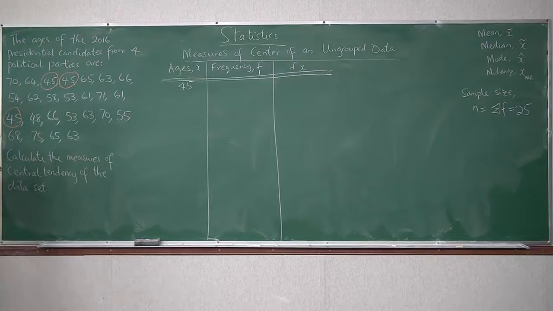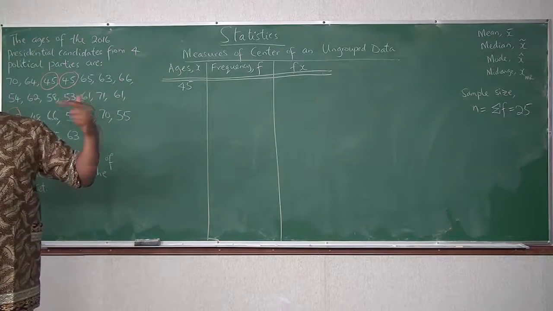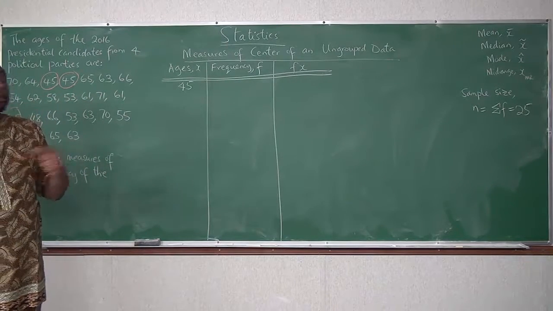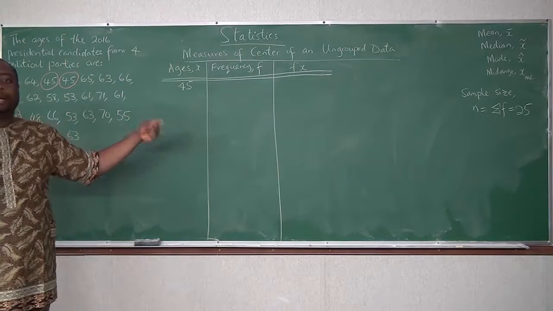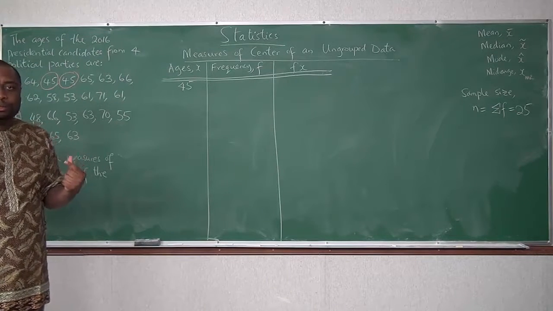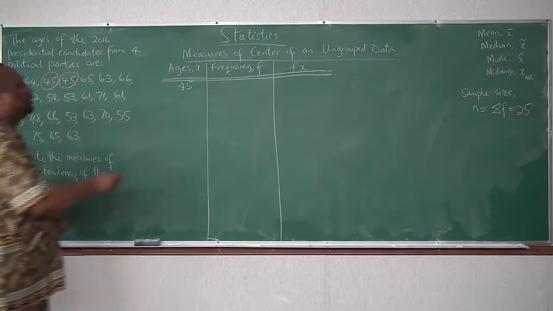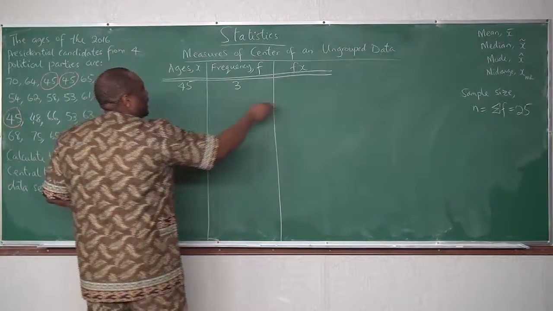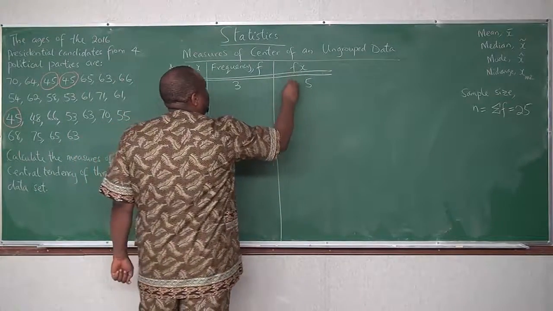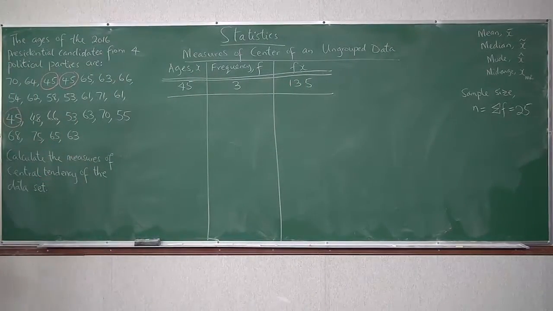This is also good to use when you have several data values with frequency more than one. So 45 is 3 times. 3 times 5 is 15, 3 times 4 is 12 plus 1, 13. You see what I just did?